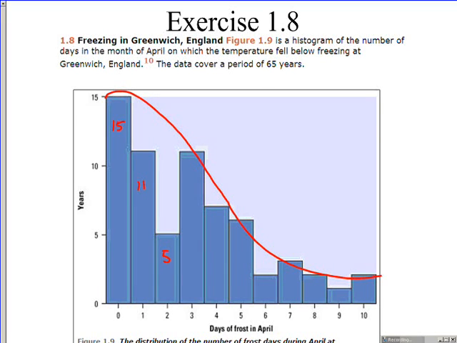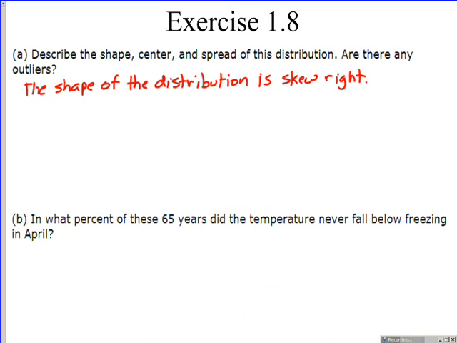So that's 26, that's 31, which means our 32nd one is going to fall somewhere in there, in which 3 days of frost happened in April. So again, we're talking about median, which is 3 days of frost.